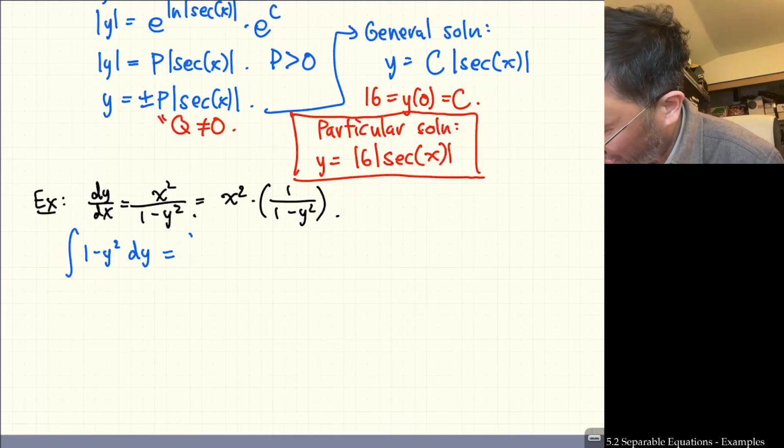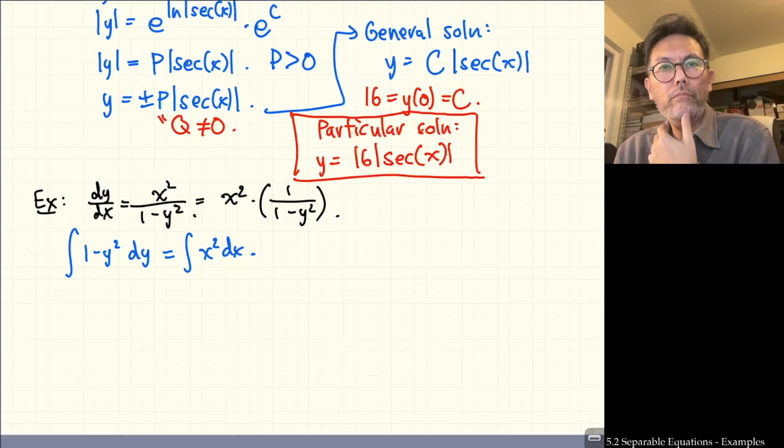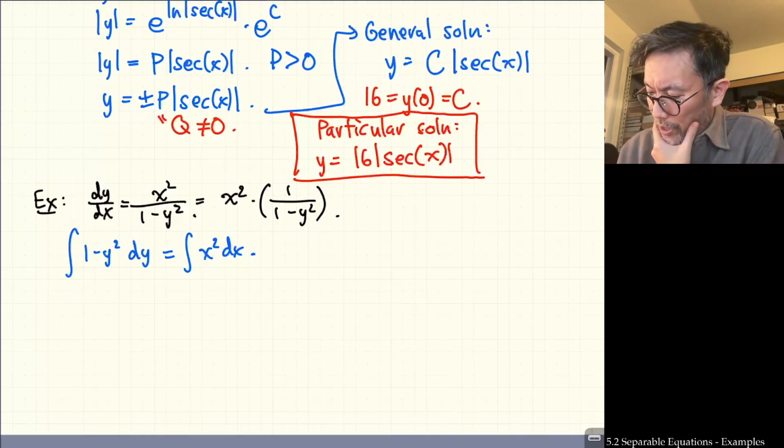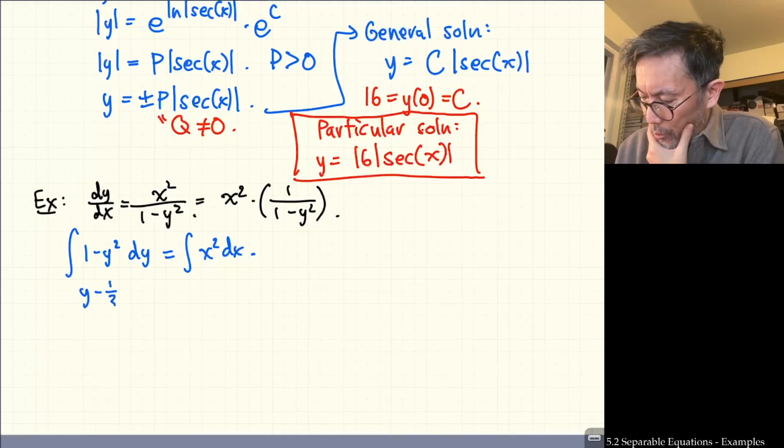And then on this side, we're going to have the integral of x squared dx. Excellent. Now, let's integrate. So we get that y minus 1/3 y cubed is equal to 1/3 x cubed plus c.